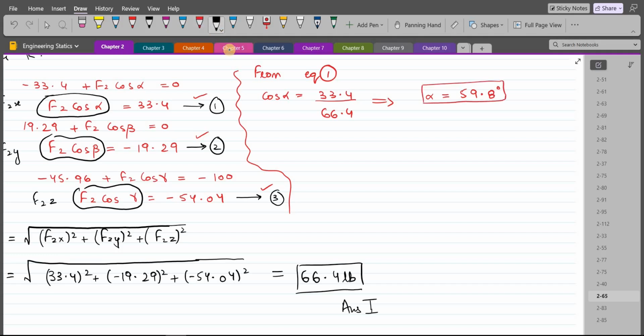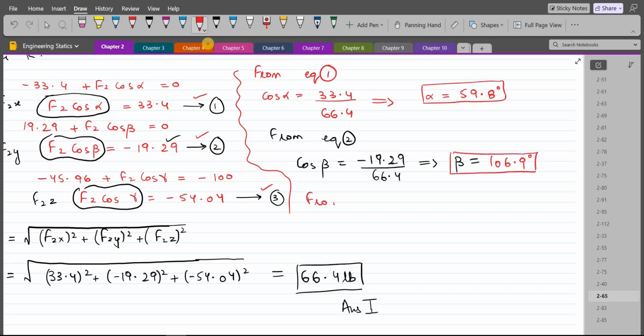And from equation 2, cos beta equals negative 19.29 divided by the magnitude of the F2 force, which is 66.4. If you take the cos inverse of this value, beta comes out to be 106.9 degrees.